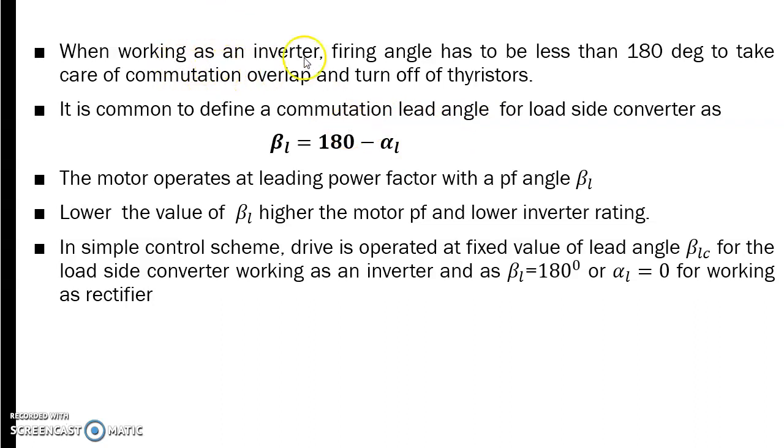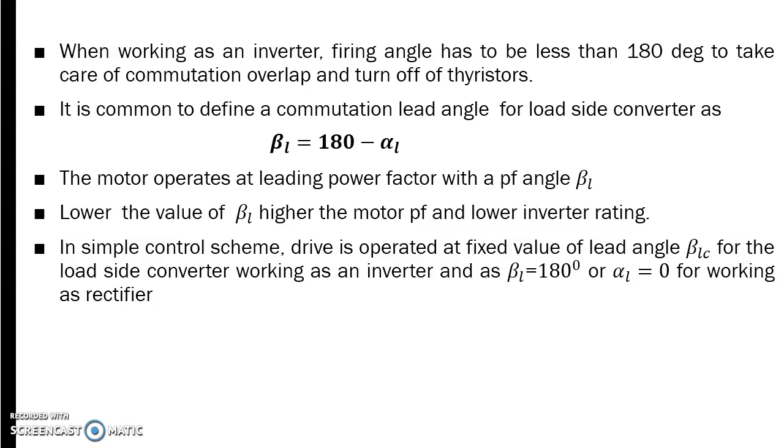So when working as an inverter, the firing angle has to be less than 180 degrees to take care of commutation overlap and turn off of the thyristor. Commutation means the process of turning off the thyristor. Commutation overlap means that when one of the thyristors is turning off, it does not go to the off state abruptly or within no time.